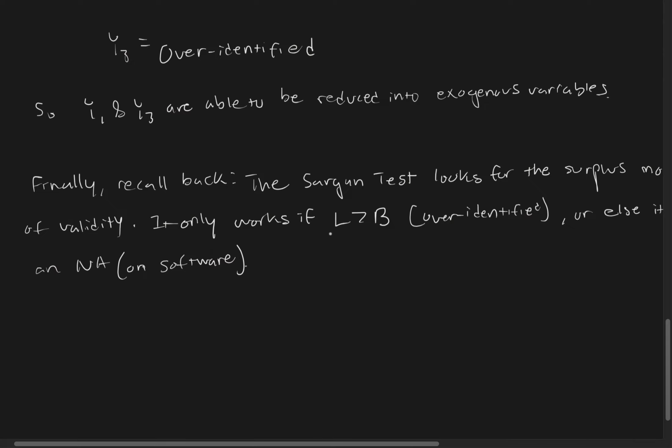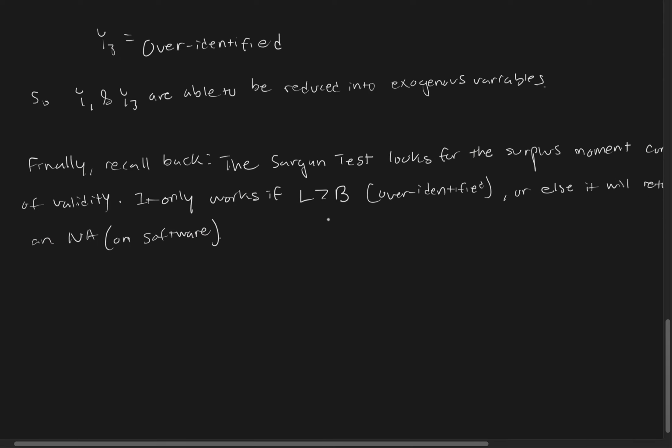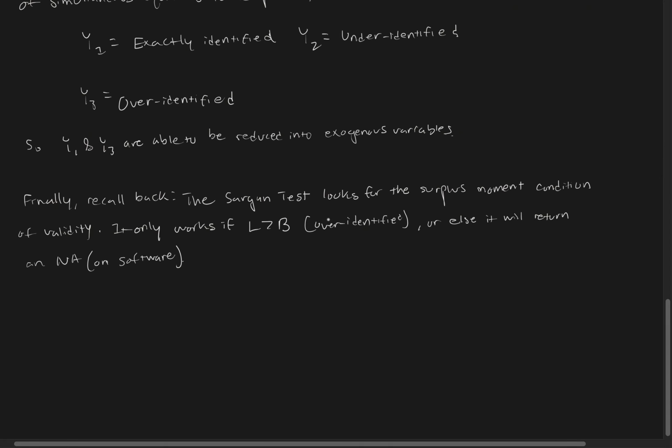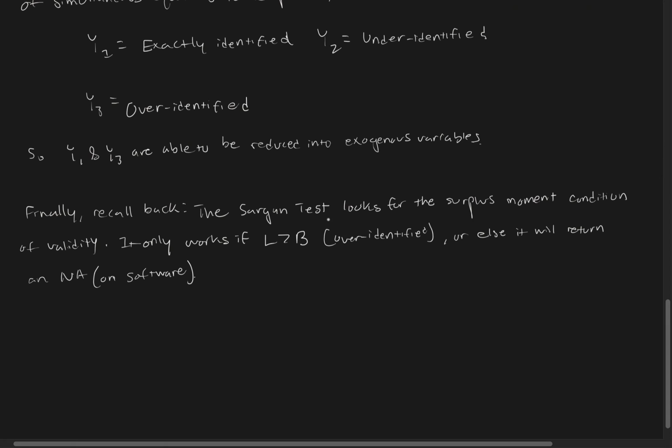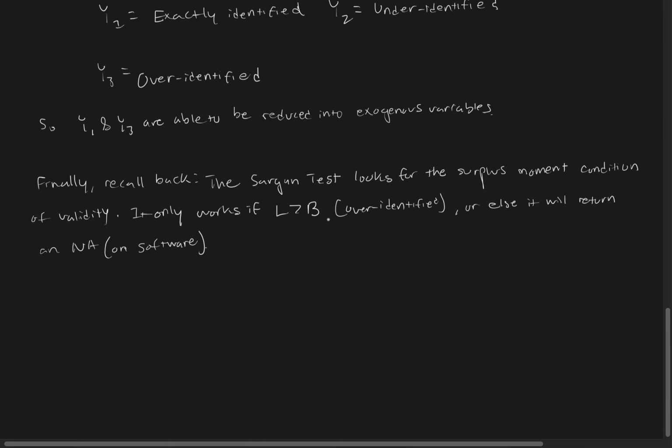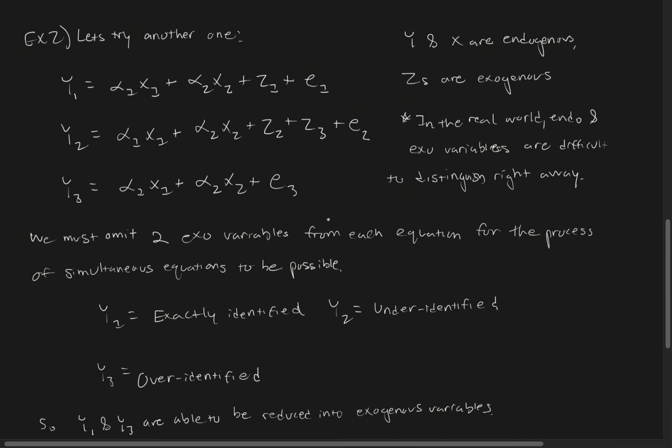And finally, if you recall the Sargan test, what the Sargan test does is it'll look for the surplus moment condition of validity. So in other words, it needs the amount of instrumental variables omitted for the Sargan test to work.